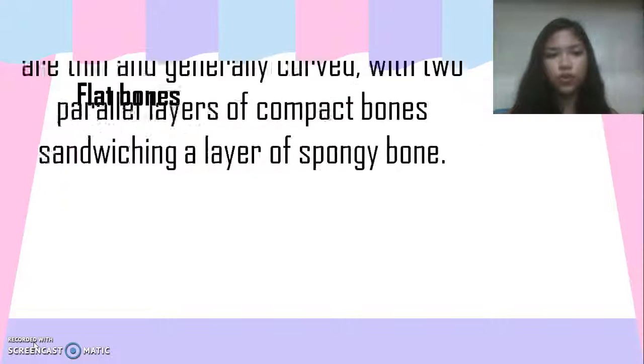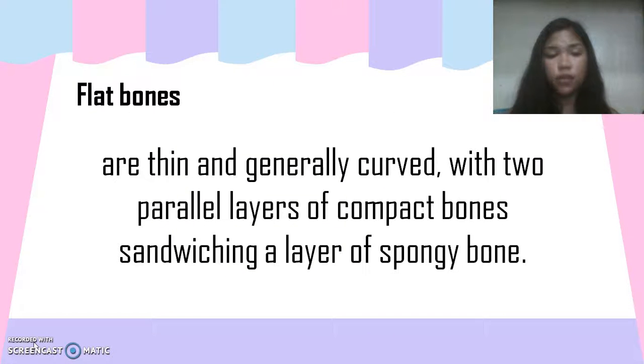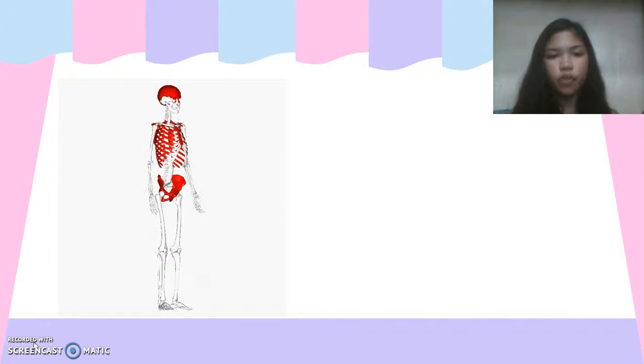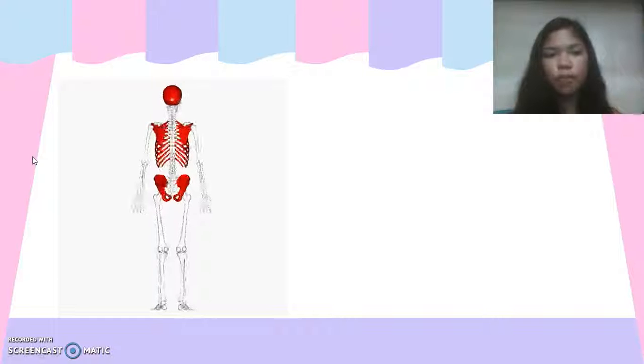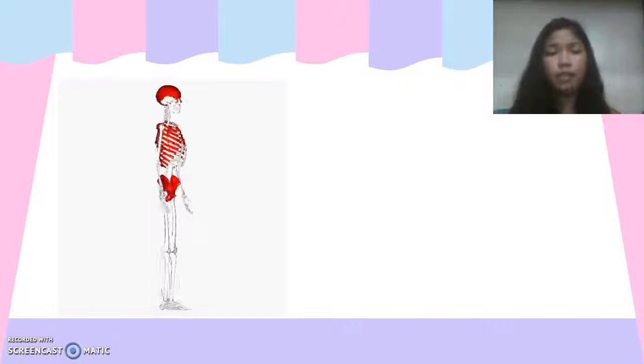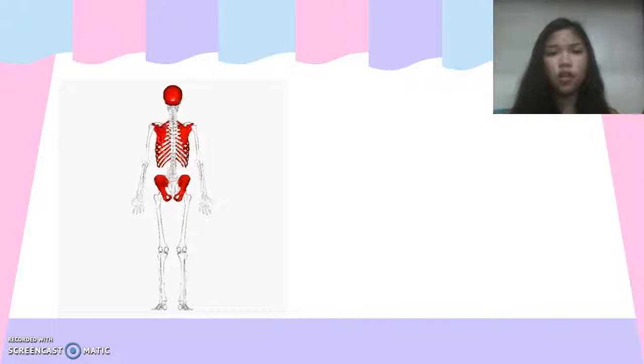Flat bones. Flat bones are thin and generally curved, with two parallel layers of compact bone sandwiching a layer of spongy bone. Most of the bones of the skull are flat bones, as is the sternum.